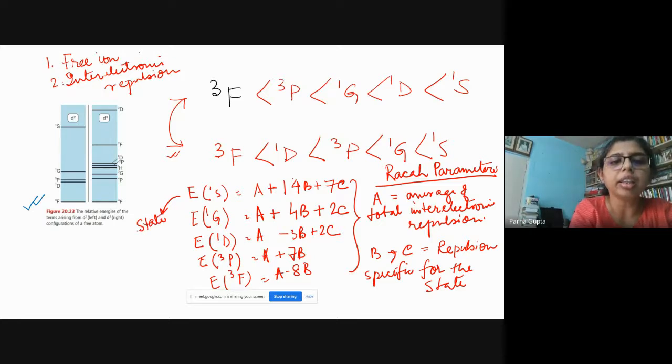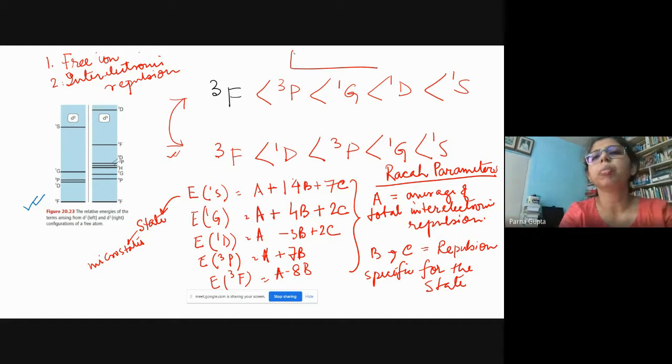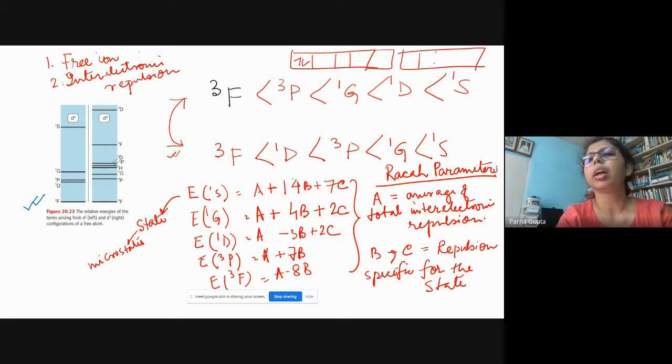And under this there were microstates. So a state means you have one orbital angular momentum and you have spin angular momentum. Maybe I can show you that one thing can be like this, another thing can be like this, for a particular state to keep the S value highest.